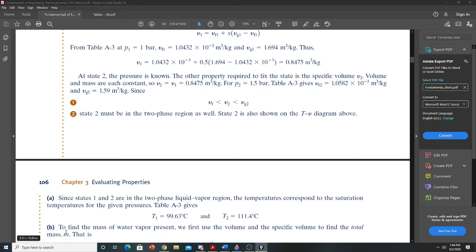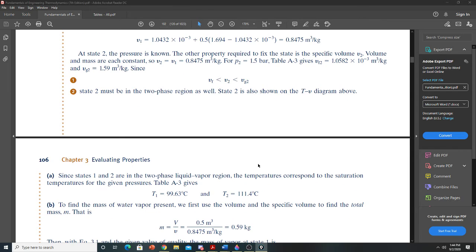It says, to find the mass of the water vapor present, we first use the volume and the specific volume to find the total mass, okay? So let's scroll down here. Right here, they rearrange the equation. If you guys recall, density or specific volume, little v is equal to big V over m, right?